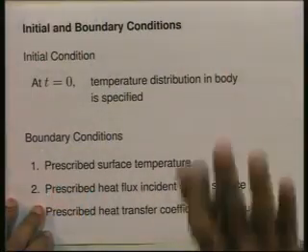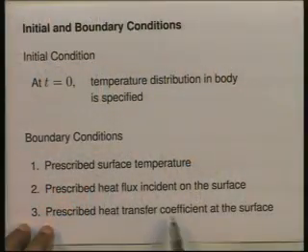Or we specify the heat flux falling on the surface of the body. Or we prescribe the heat transfer coefficient at the surface of the body. These are the three types of boundary conditions which we normally deal with: a prescribed surface temperature, a prescribed heat flux incident on the surface, or a prescribed heat transfer coefficient at the surface of the body.